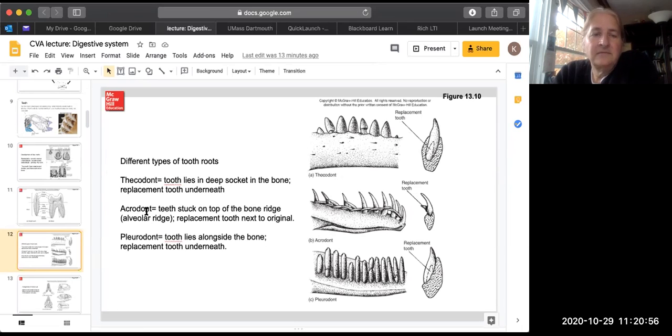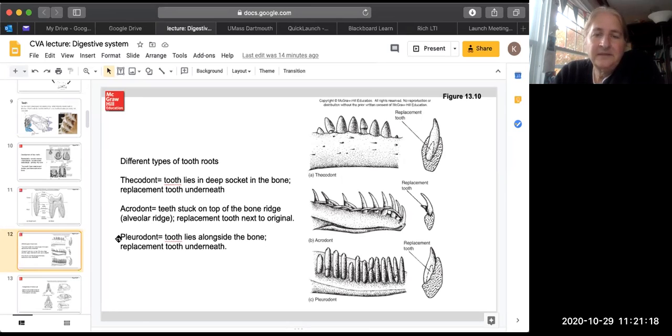Acrodont is basically just plopped on top of the bone. It doesn't have this nice little socket. There's no socket, so it's just stuck on top. It still has the bone, it's still a true tooth, but it's not really bound in that socket. So that's called acrodont tooth.